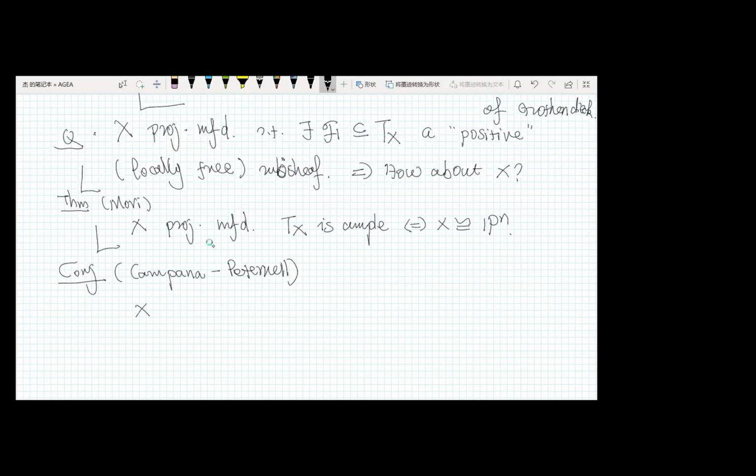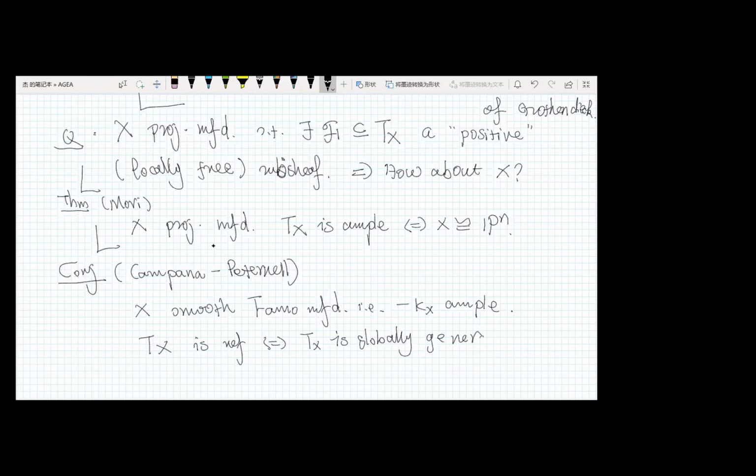Consider X to be a smooth Fano manifold, which means that minus K_X is ample. It is conjectured that T_X is nef if and only if T_X is globally generated.